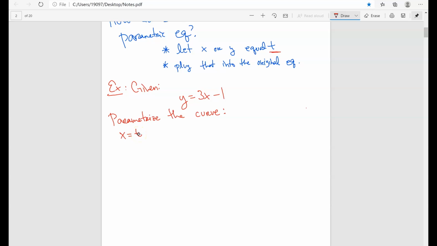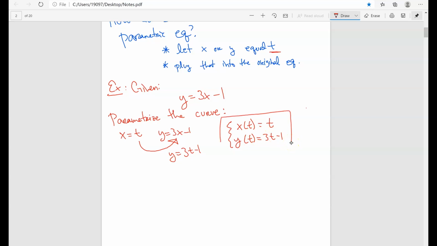Then you plug x equals t into the original, so y is equal to 3t minus 1. So my set of parametric equations would be x of t is equal to t, and y of t would be equal to 3t minus 1. This will be my set of parametric equations.